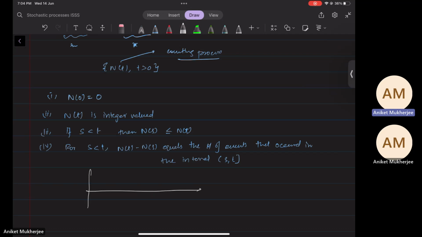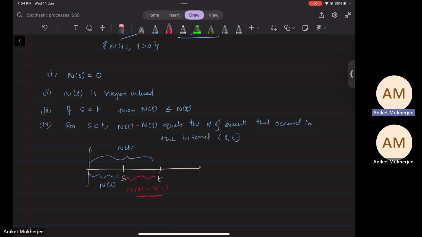If we have this is s and this is t, then you will have N(s) here, and this would be N(t). If you subtract these both out, then you get N(t) minus N(s), the number of events that have happened in between s and t.